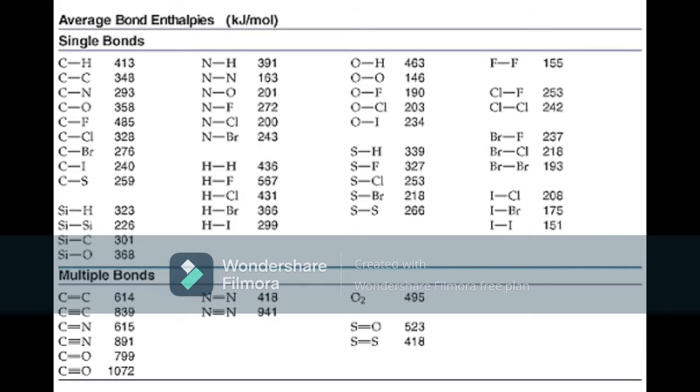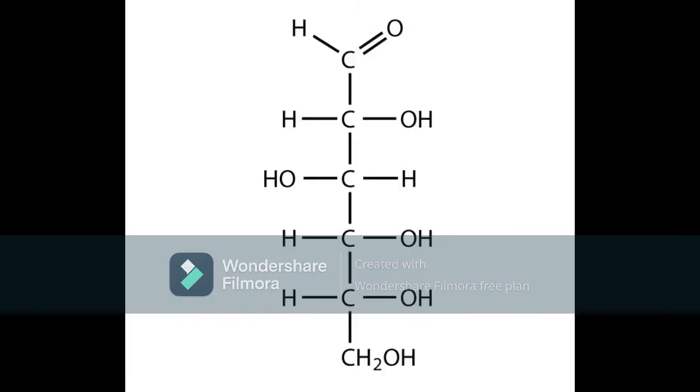In order to solve this question, I will use a bond energy table in order to find how much energy is required for each bond. And I will also use the molecular structure of glucose in order to figure out how many bonds glucose has, since it's very complex.